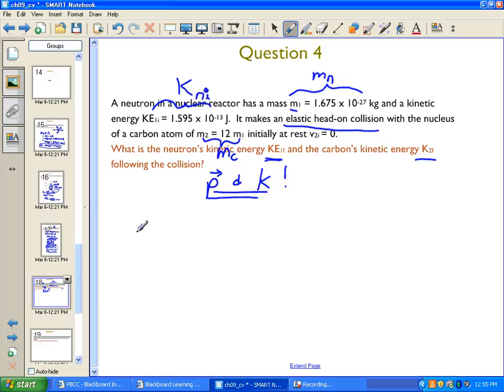Now, if we are solving for two quantities, K1F and K2F, those are two unknowns. Two unknowns require two equations, okay?